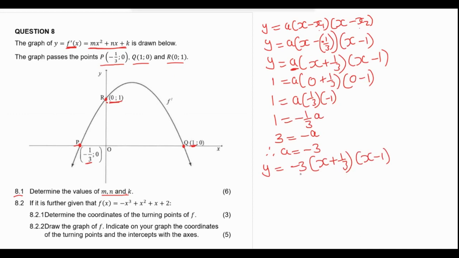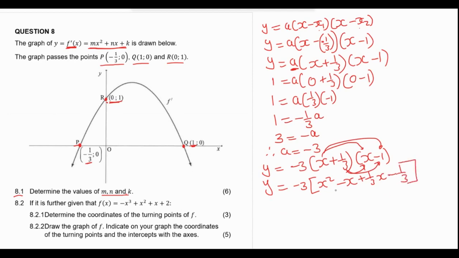Then let's expand this. y is equal to negative 3, then x times x, that is x squared, x times negative 1, that is negative x. Then 1 over 3 times x, that is positive 1 over 3 x, and then 1 over 3 times negative 1, that is negative 1 over 3.